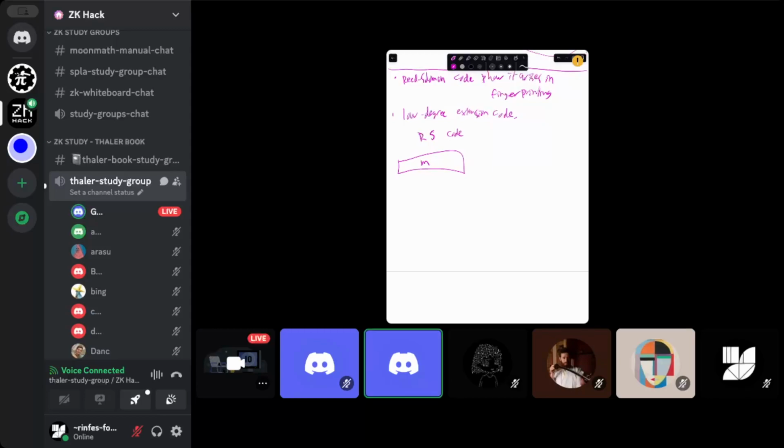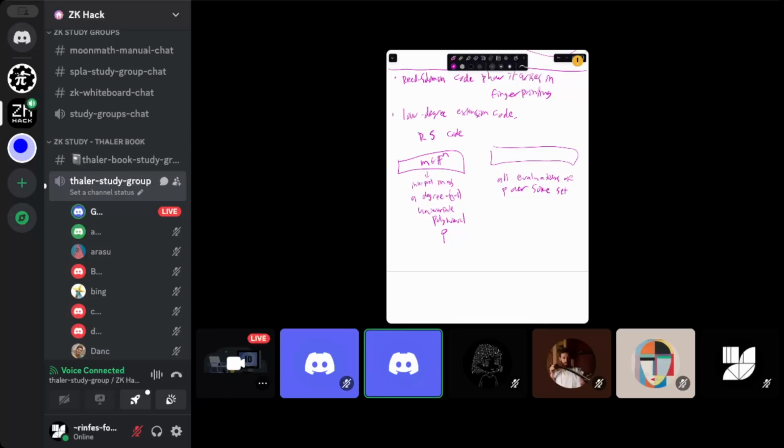You have a message M. Somehow you interpret M, say M is in the field to the n, as a degree n-1 univariate polynomial P. And then the encoding of M is just all evaluations of P over some specified domain.